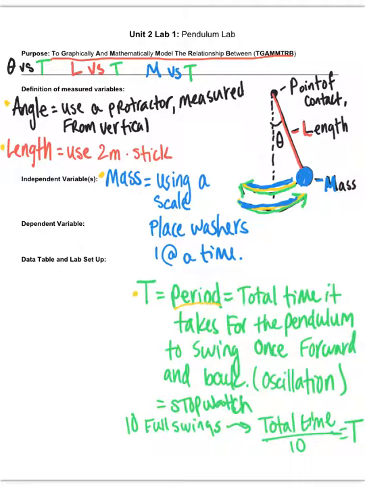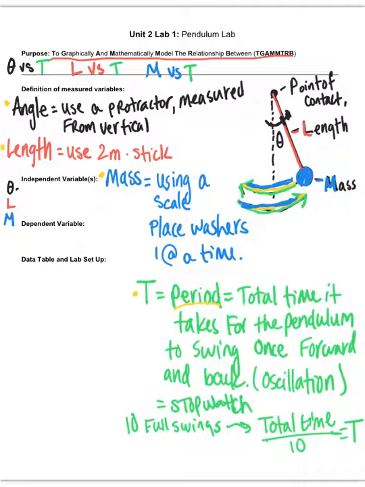That means that our independent variables are going to be the angle theta, the length L, and the mass M, because all three of those are easy for us to change. You change the angle by increasing the angle to something larger, say out here. So you're going from one angle to the next angle.